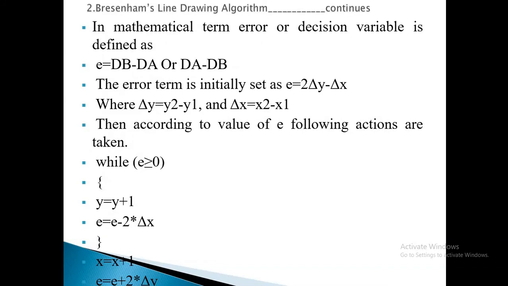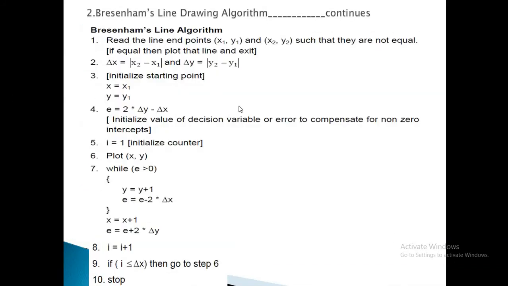Here is the Bresenham's line drawing algorithm. In it we first find the delta x and delta y values, as in the previous DDA line algorithm. Then we find the x and y values, that is x is equal to x1 and y is equal to y1.